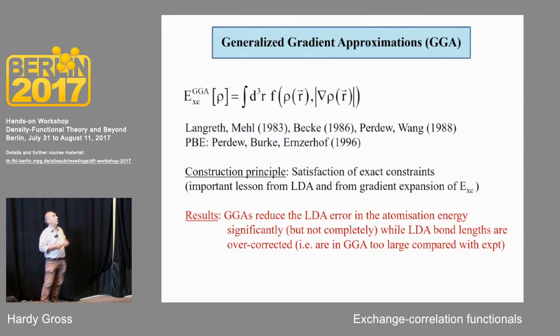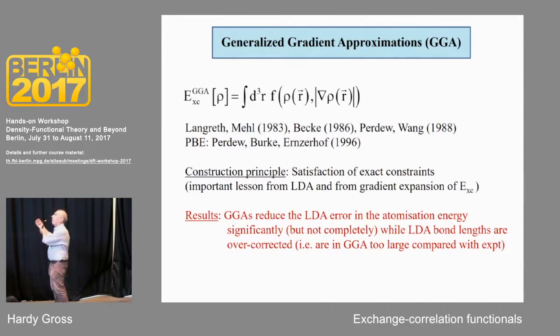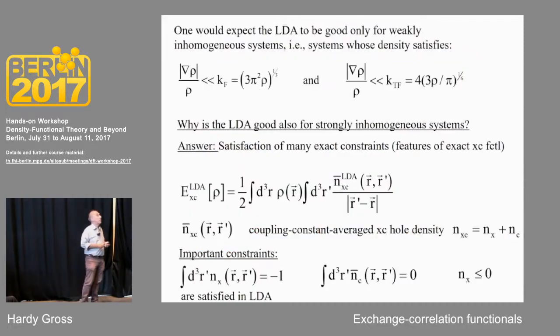This is a lesson that we have learned from LDA and also from the so-called gradient expansion. That's a nice way of writing the exchange correlation energy where you make a power expansion. The lowest order is LDA, then you get second order gradients of rho, then fourth order gradients and sixth order gradients. So it's nice and systematic, it appears. But if you truncate that series, results are much worse than LDA. And the reason for this is that you in fact violate this constraint.